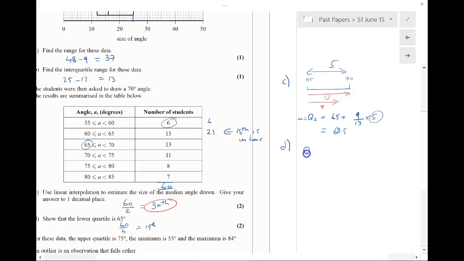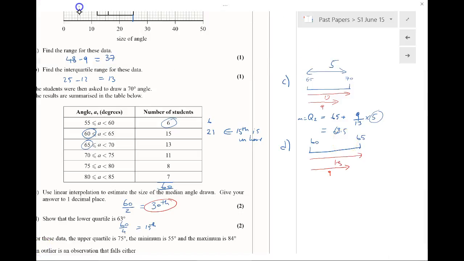So an estimate for our lower quartile, well, let's do the little diagram like I did before. We're going between 60 and 65. Okay, class width of 5 again.